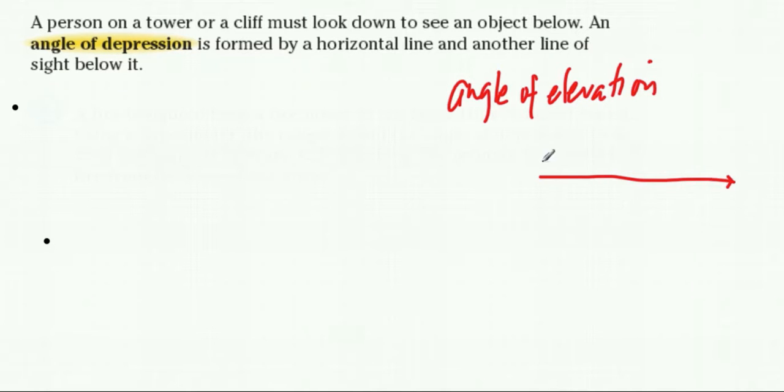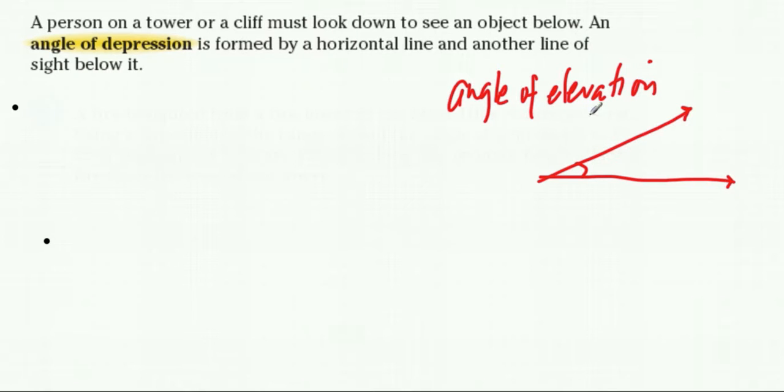In angle of depression, there's a good way to look at it. A person on a tower or a cliff must look down to see an object below. So the definition of an angle of depression is that it is formed by a horizontal line and another line of sight below it. Remember, in our angle of elevation, we have a horizontal line and a line of sight above it.